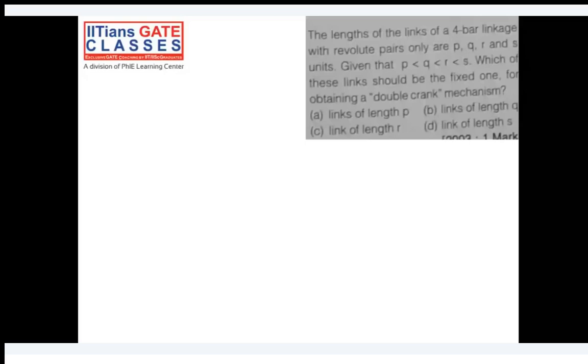Given that P is less than Q is less than R is less than S, which of these links should be fixed for a fixed one mechanism? Yes, correct. It is the correct answer.